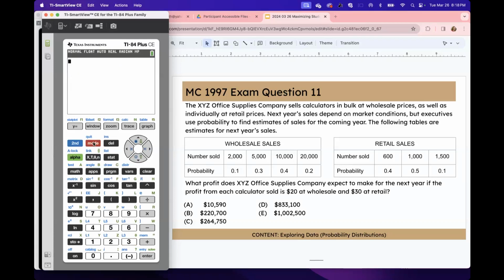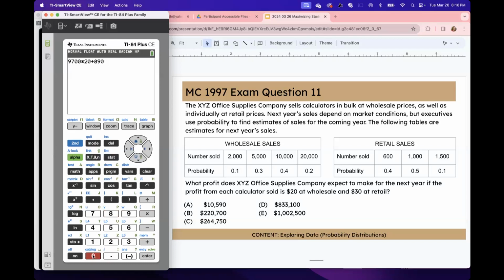The question, though, is about profit. Since I expect 9,700 from wholesale sales, and I'm going to make $20 for each of those, I'm going to multiply it by 20. And then I'll add to that, I expect 890.